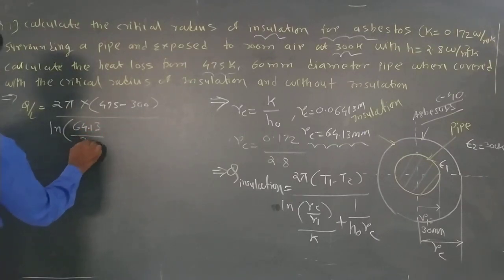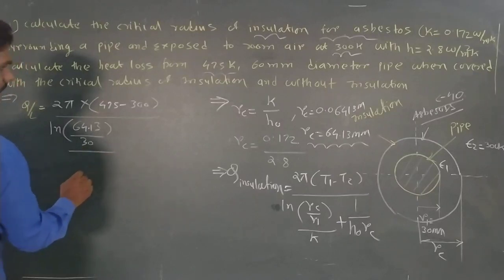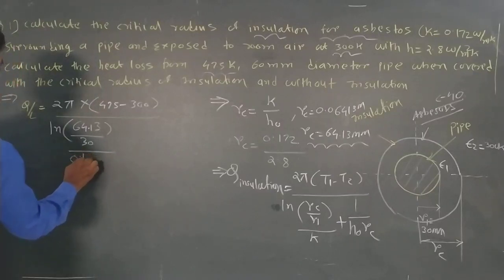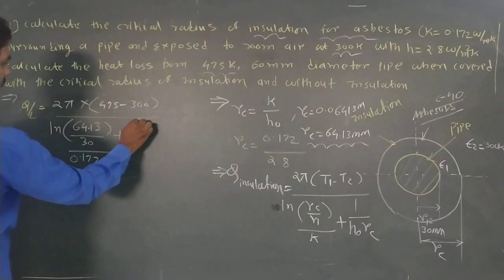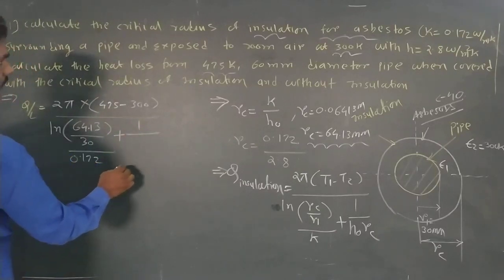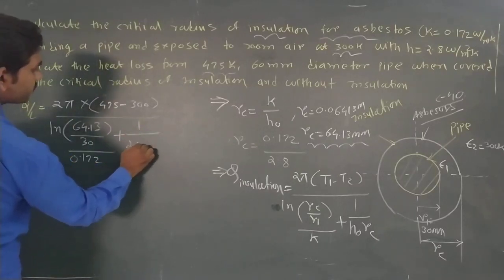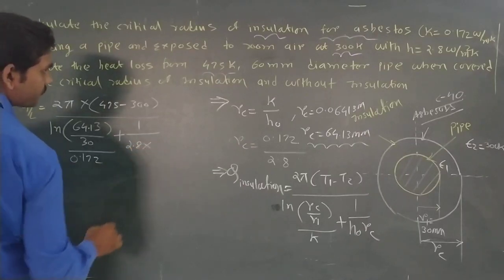R1 is 30, divided by K. What is the value of K? 0.172 plus 1 upon HO. HO is 2.8 into RC.